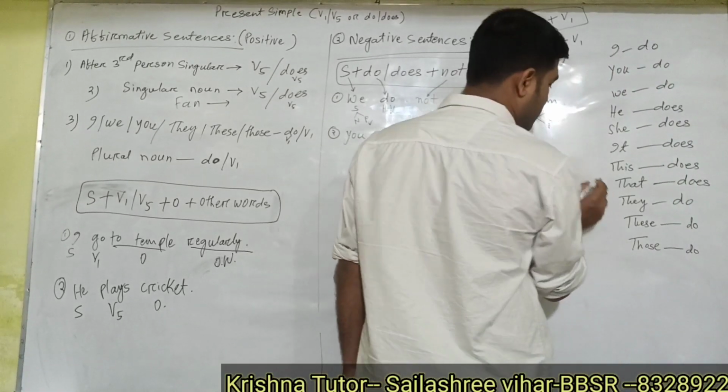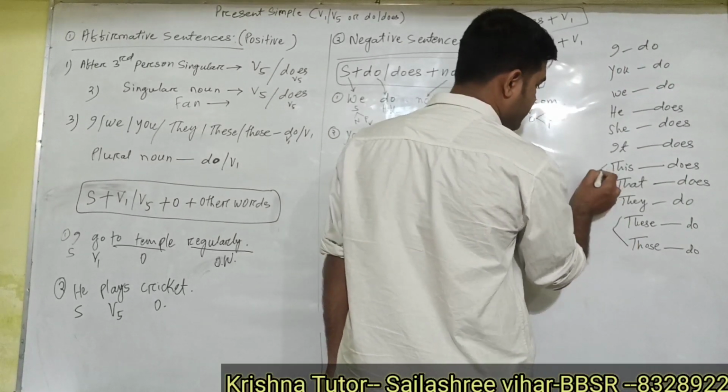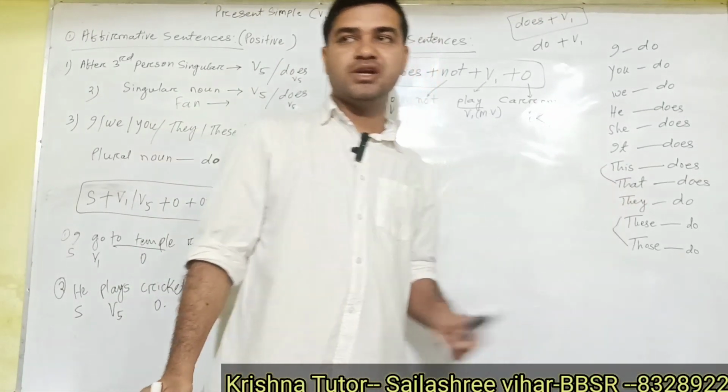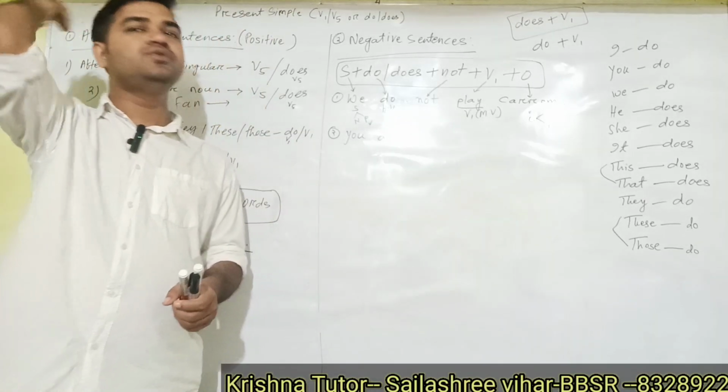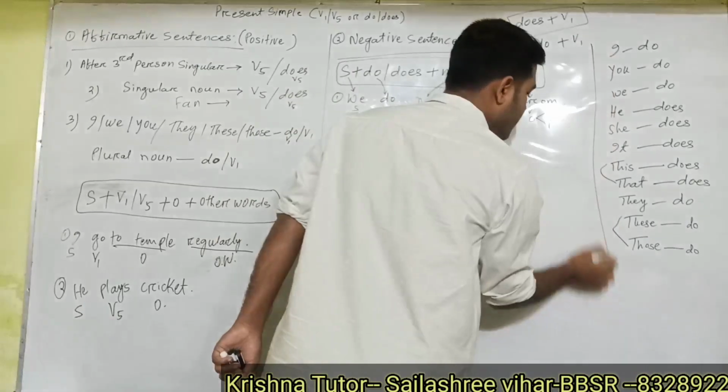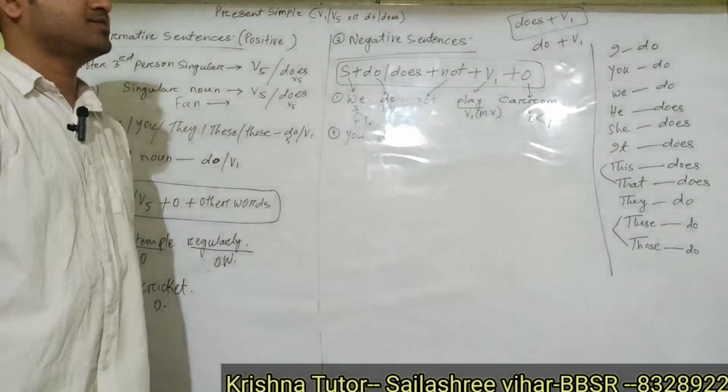These are demonstrative pronouns, and sometimes they act as demonstrative adjectives also. After these, use do. So this is the way to use do or does.